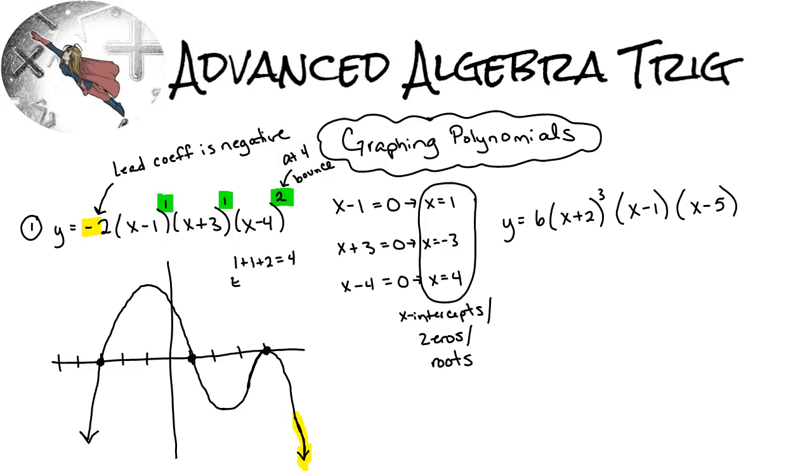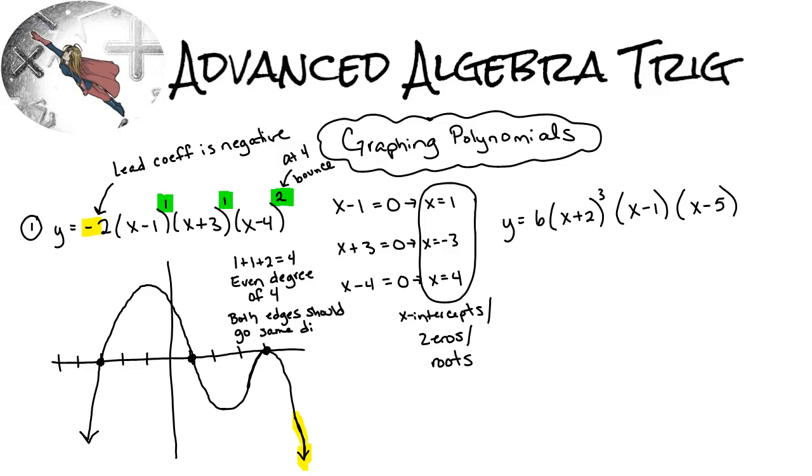So it's an even degree of 4, which means that both edges should go the same direction.